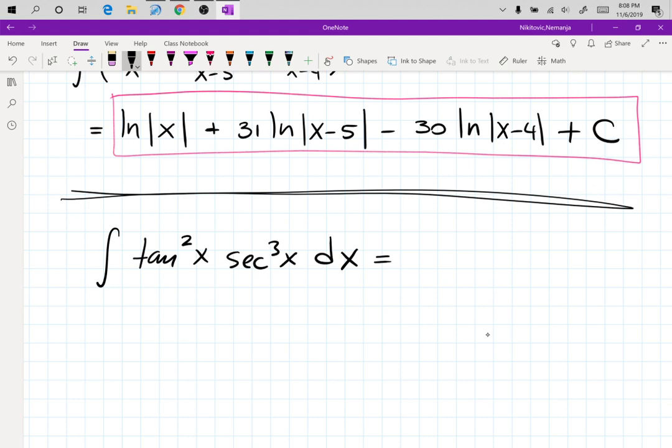I'm now looking at the derivative of tangent x is secant squared x. Not happy because I have secant cubed, right? And I can't get the single secant into tangents, so that's a problem.